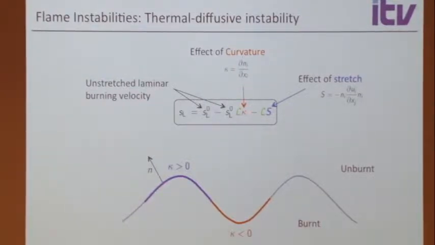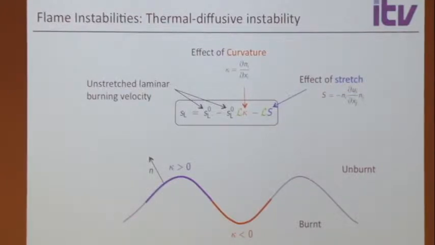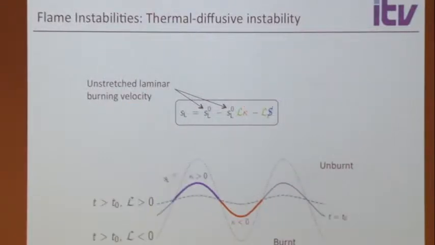If the Markstein length is positive, then for positive curvature the burning velocity becomes slower. So you take this bump out, and here it will be faster. You take out these flame corrugations. It has a stabilizing effect.